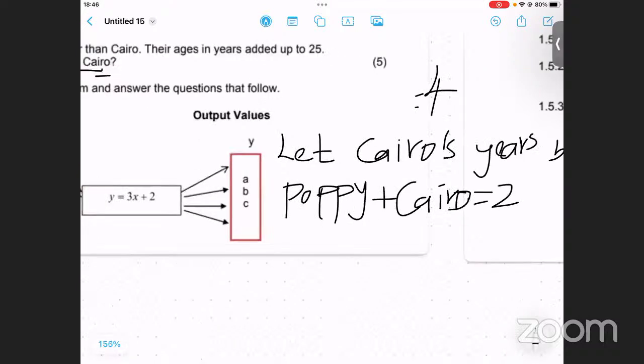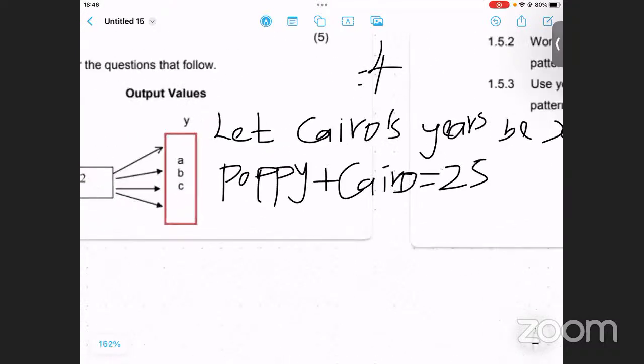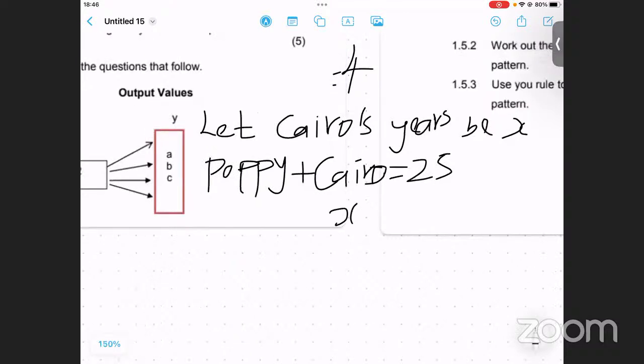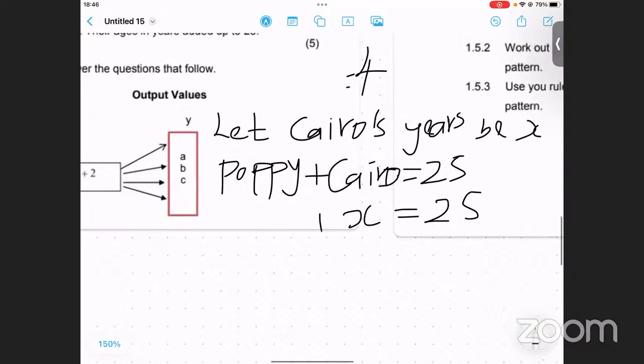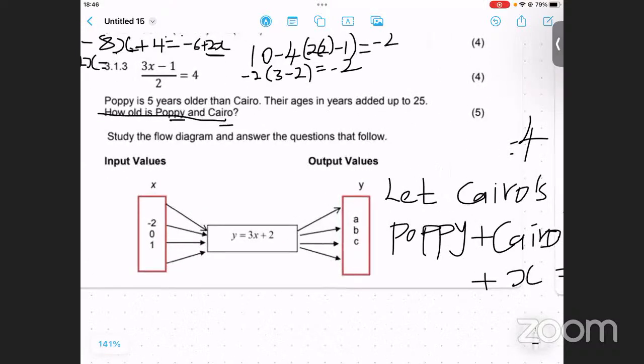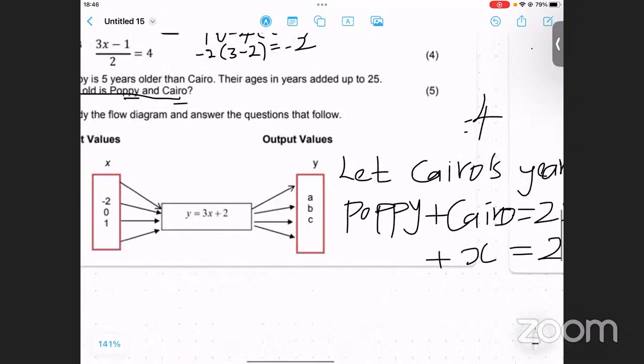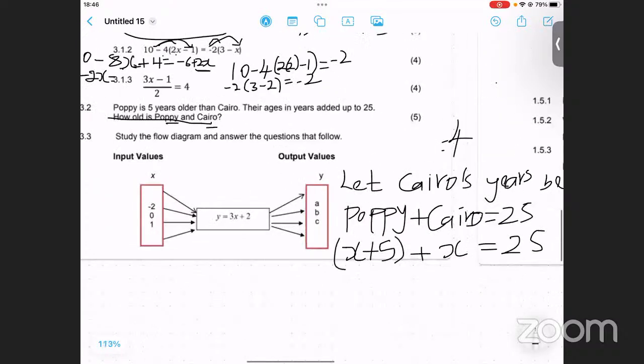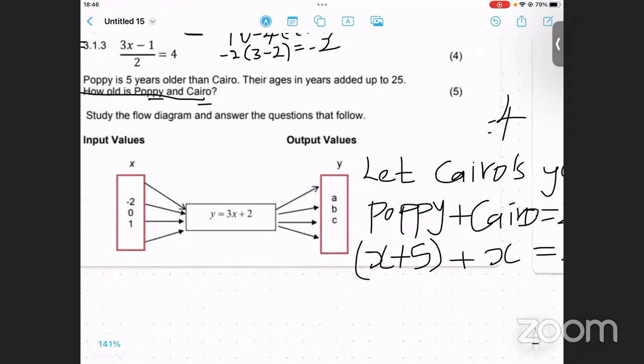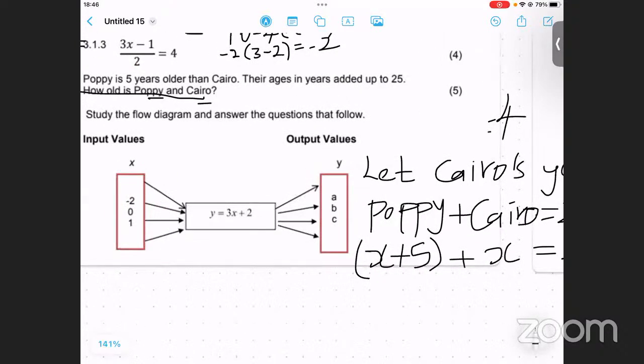Now, if Cairo is x years old, that means Bobby is going to be what? Bobby is 5 years older than Cairo, so Bobby is going to be x plus 5.